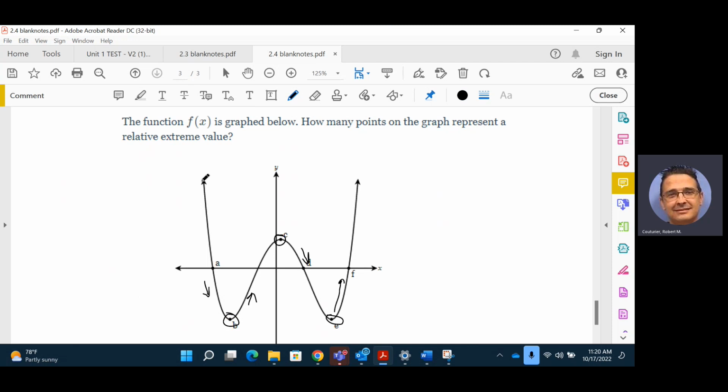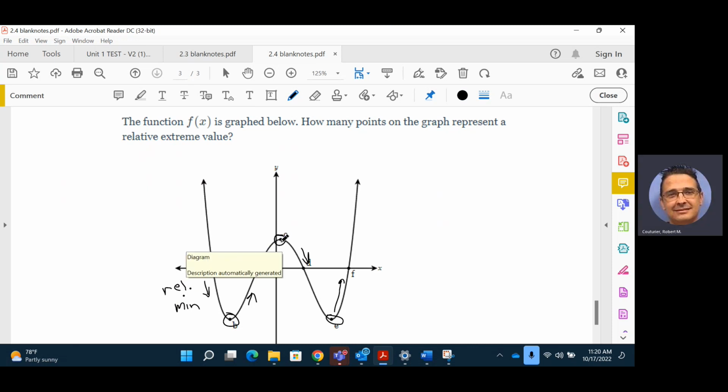Notice, this is like you're going downhill, downhill, downhill, and you're in a valley. Can you go any lower than B? No, that's about the minimum you can go. And that's exactly what that's called. This is a minimum here, a relative minimum. Abbreviating, relative minimum. And then look at C. C is the top of a hill.